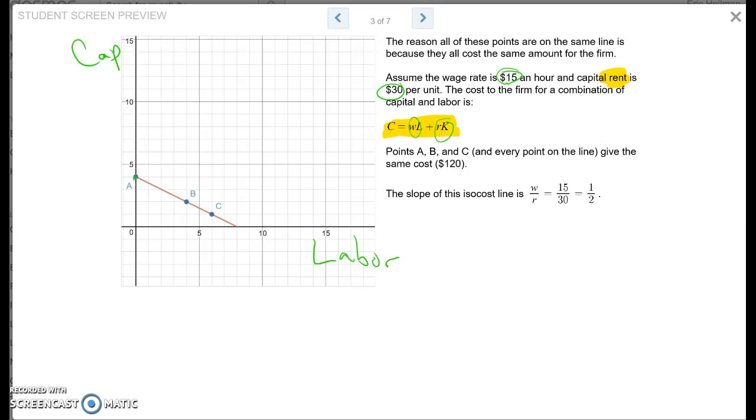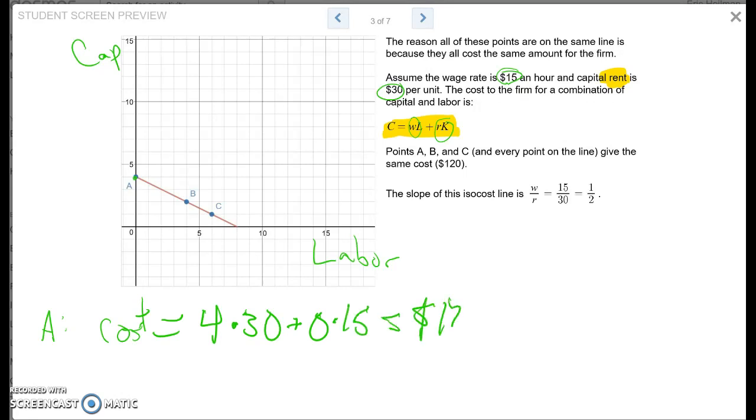At point A, that is 0 labor and 4 capital. 4 capital and the rent is $30 an hour. And then 0 labor times 15, you get $120.